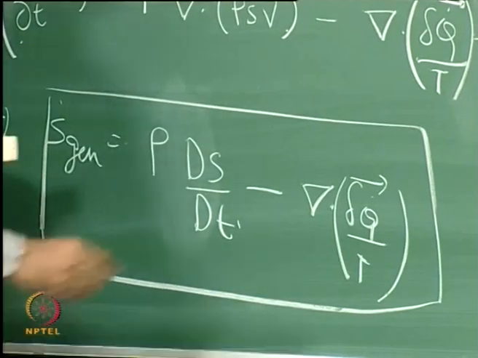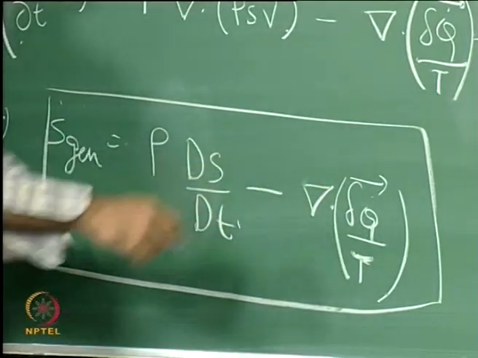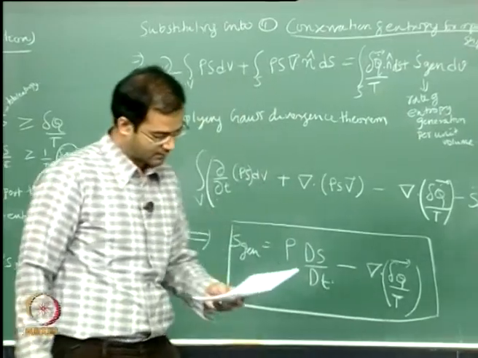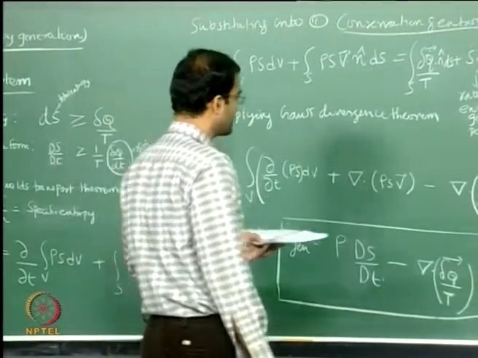Now I can also expand this particular divergence operator on del q by T, so I can rewrite this a little bit.